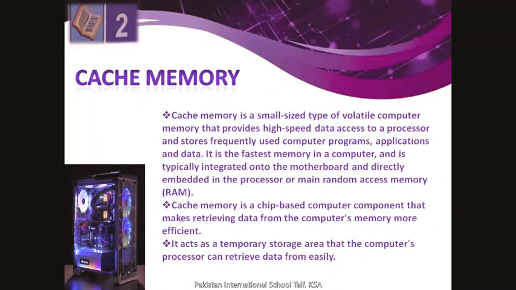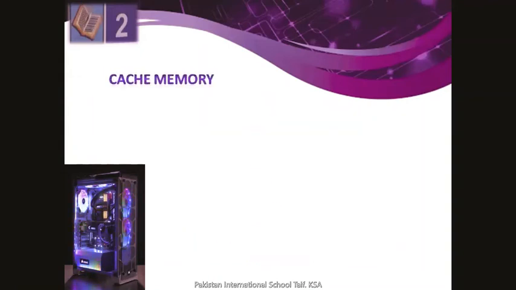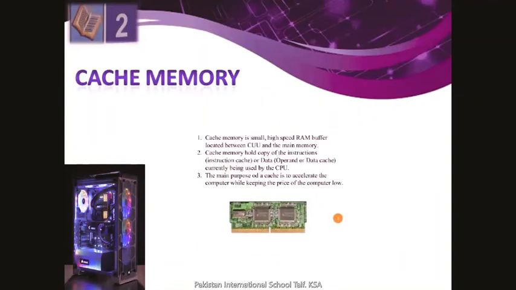Cache memory is a chip-based computer component that makes retrieving data from the computer's memory more efficient. It acts as a temporary storage area that the computer's processor can retrieve data from easily. So the computer can take and retrieve data easily with the help of this cache memory, which is a high-speed and small memory.